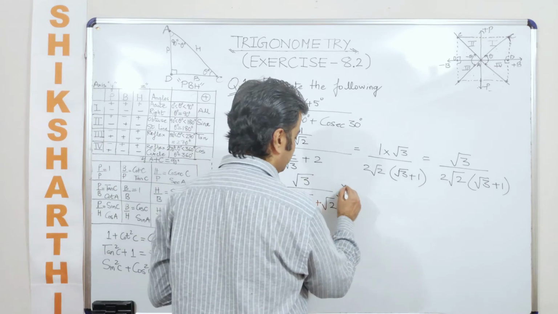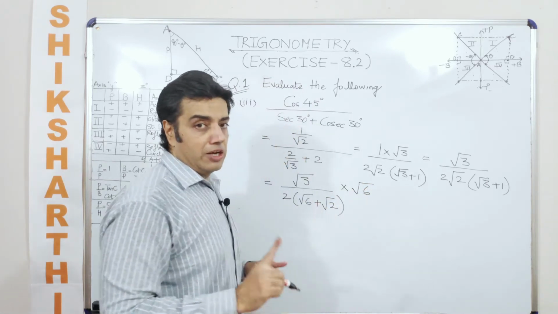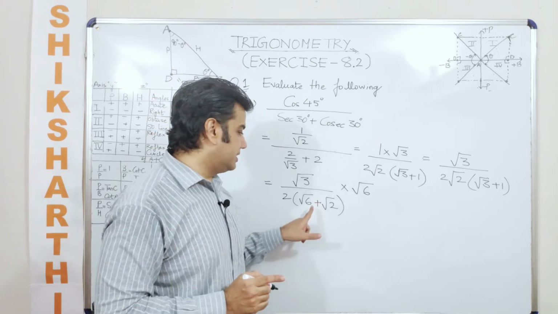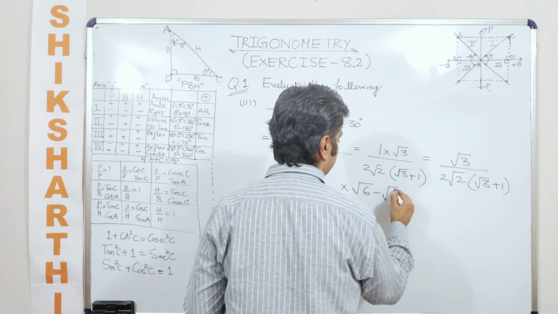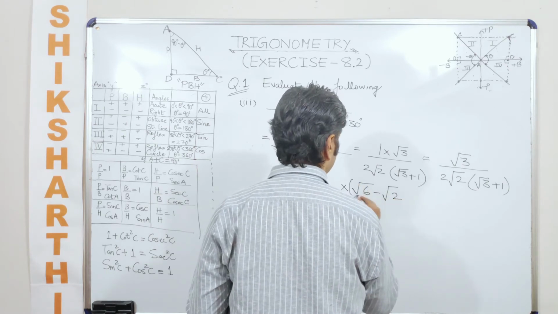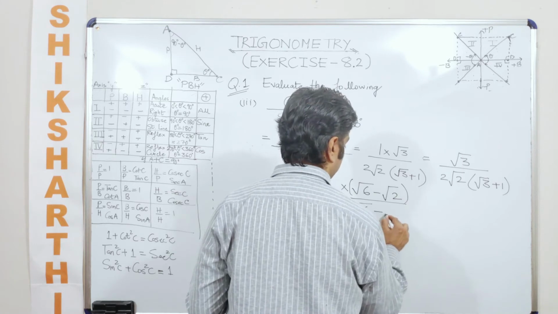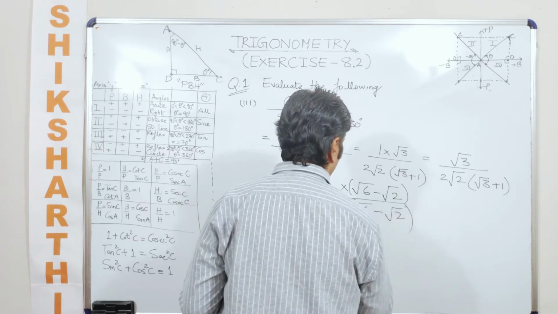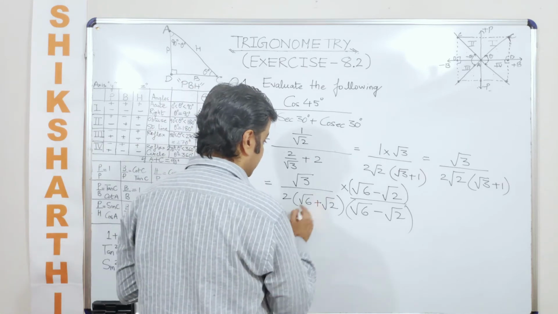You just multiply the numerator and the denominator by the conjugate of this surd. I hope you are aware of this. You have done numbers. This is a surd. So you multiply it by its conjugate.